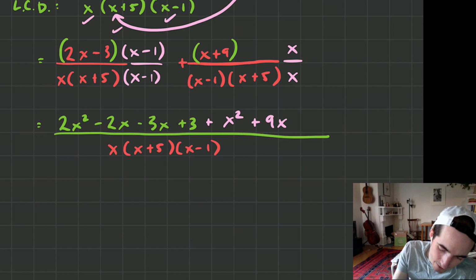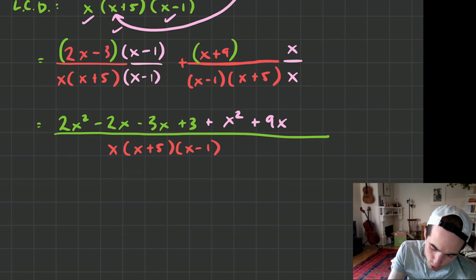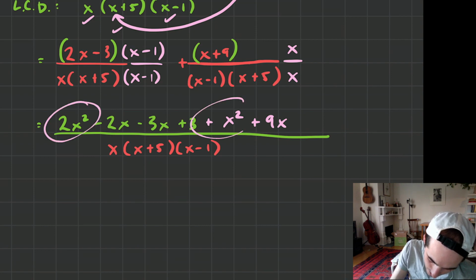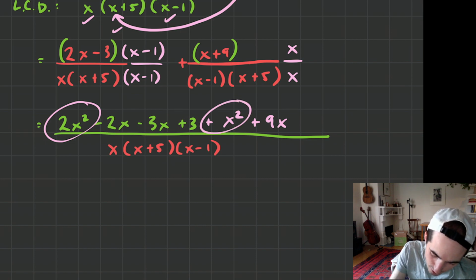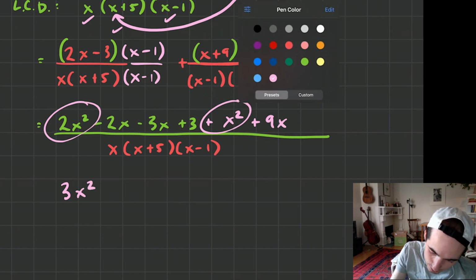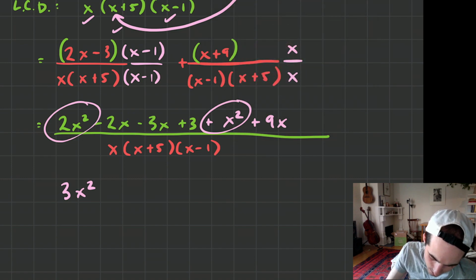And now I can clean up that numerator. So let's think about some of the common factors that I have. Well, I've got 2x squared and x squared, so that would be 3x squared. Now let's think about all my x's. Let's make that blue. So I've got negative 2x, negative 3x, and 9x.